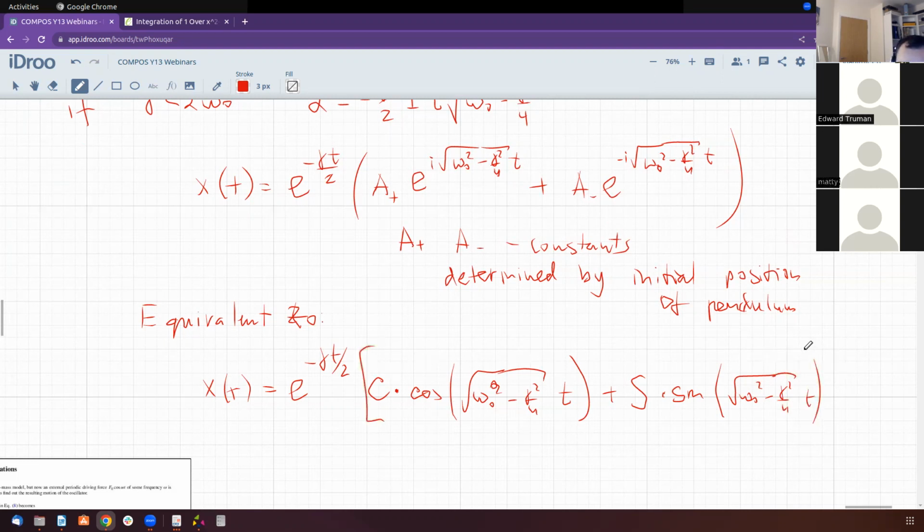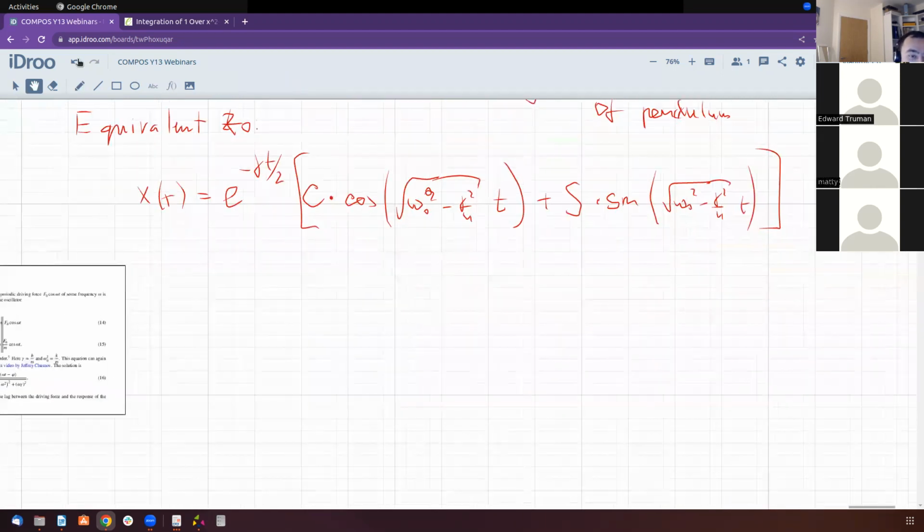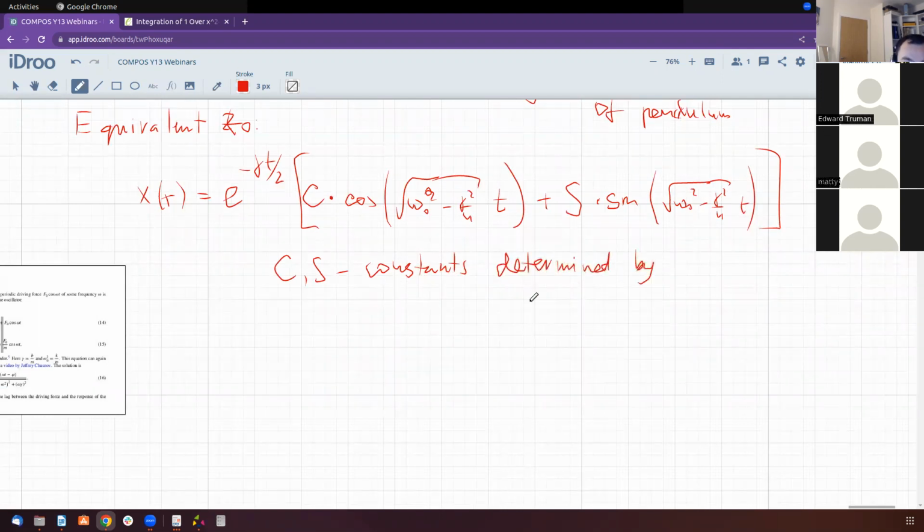Now it looks horrible. It's actually not. Again, C and S are constants determined by initial conditions.